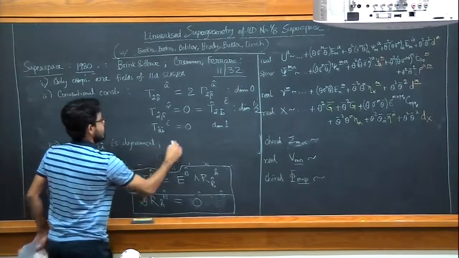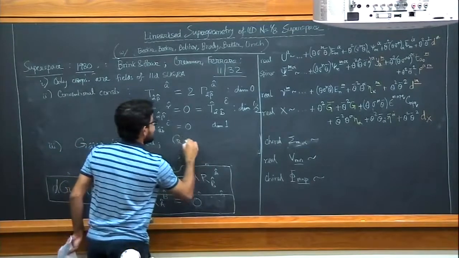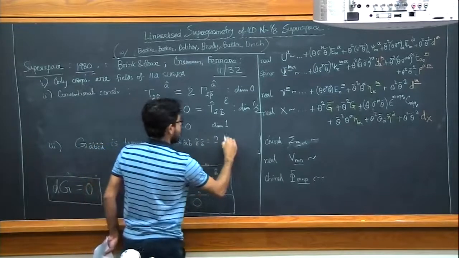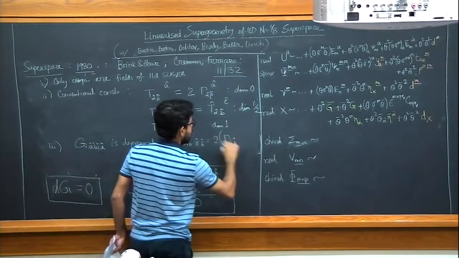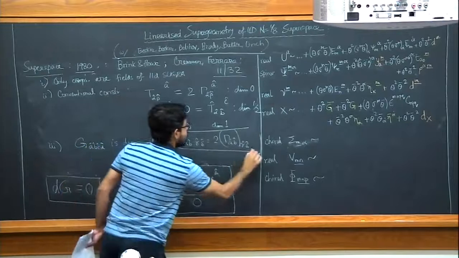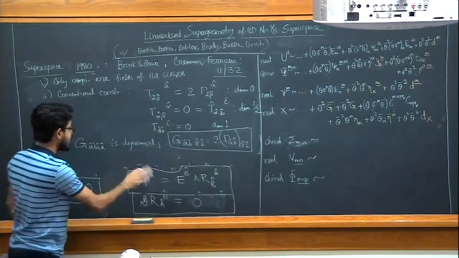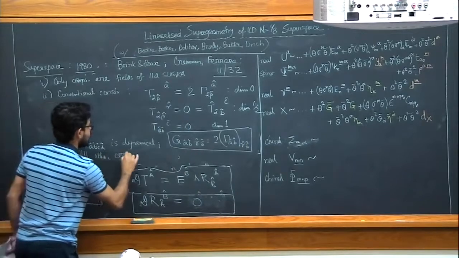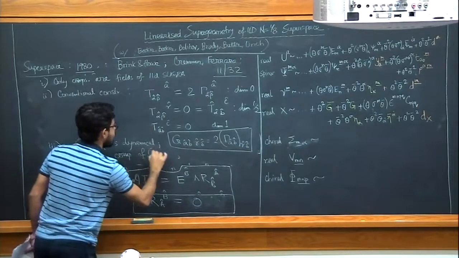And this dimension 0 component is gamma AB. Okay. So this is a constant non-zero. Other than that, all other components of G are 0.